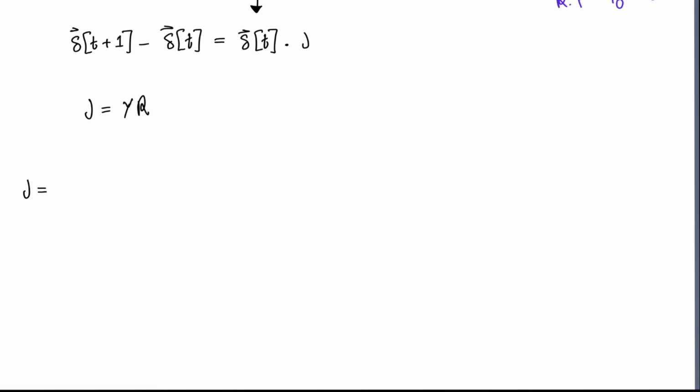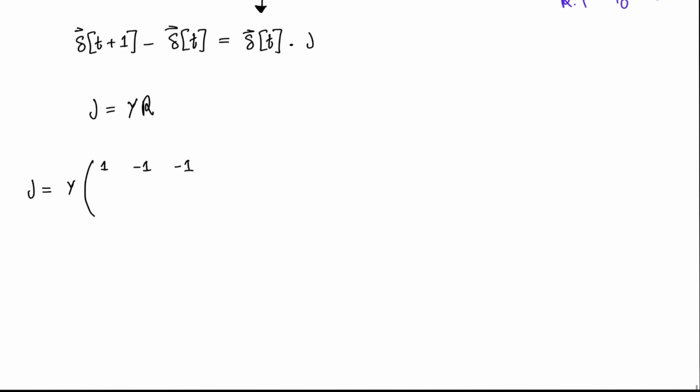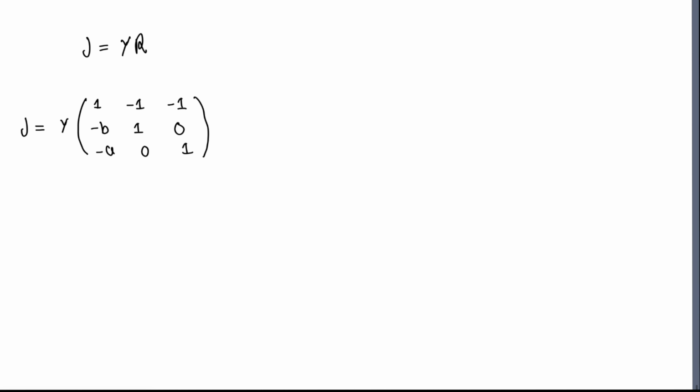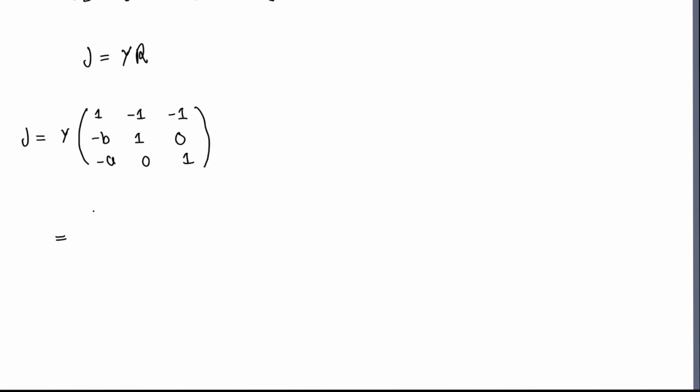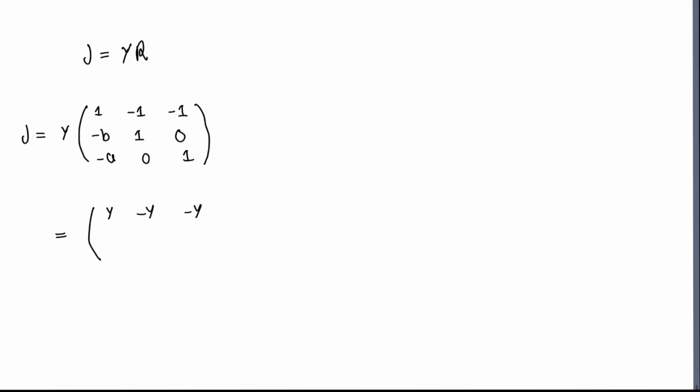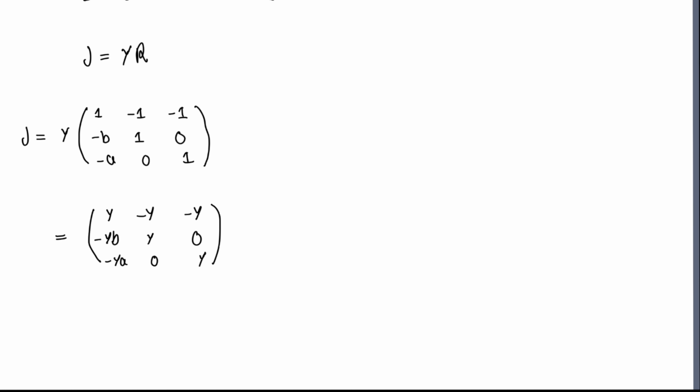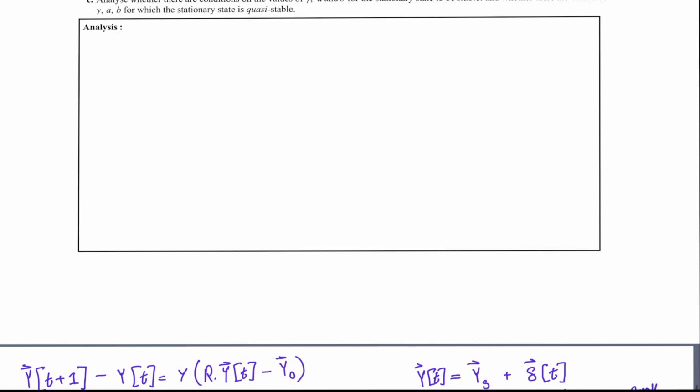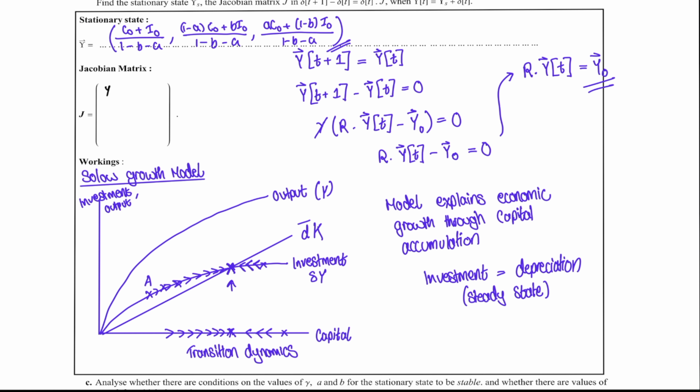So the Jacobian is gamma multiplied by the matrix R, which was 1 minus 1 minus 1, which was this. Multiplying this by gamma, we get gamma, minus gamma, minus gamma b, gamma, 0, minus gamma a, 0, gamma. So this is our Jacobian. If I now just write that over here.